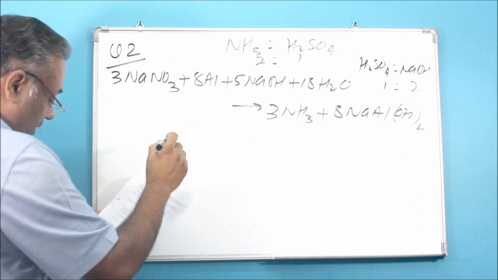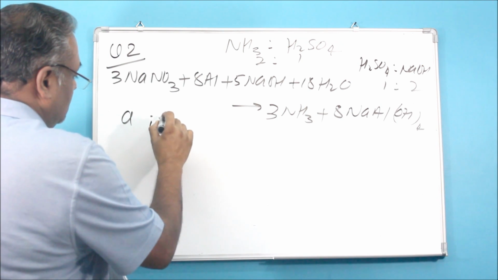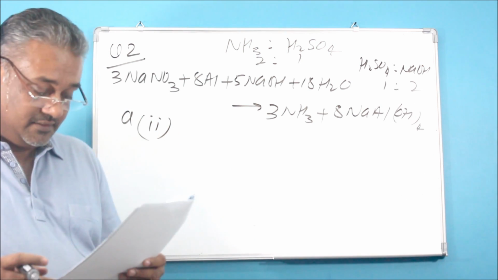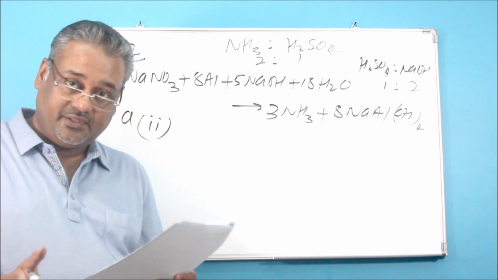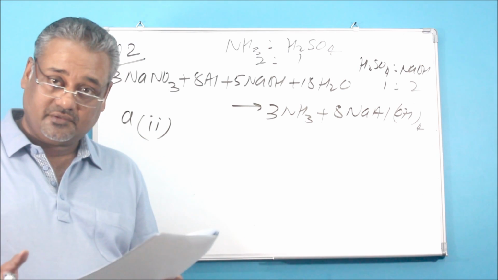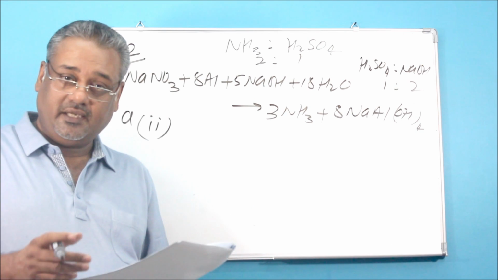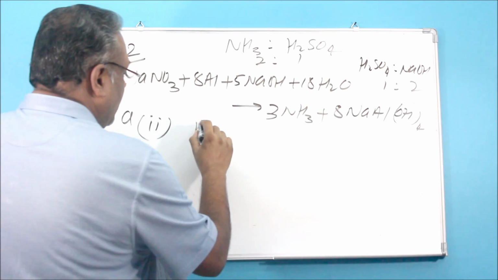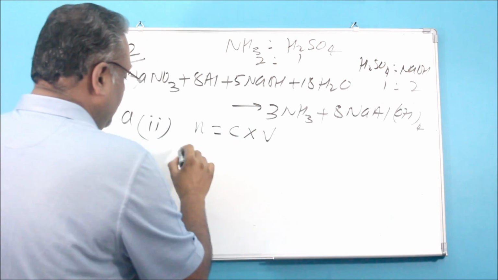For the question A part 2, the question says find the moles of NaOH present. You still have the information about the volume and the concentration, so you still can use the formula n equals c times v and work it out. So n equals c times v.